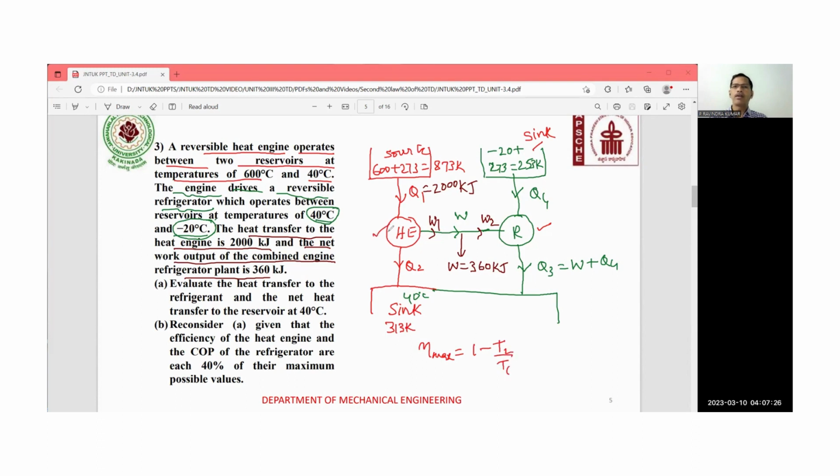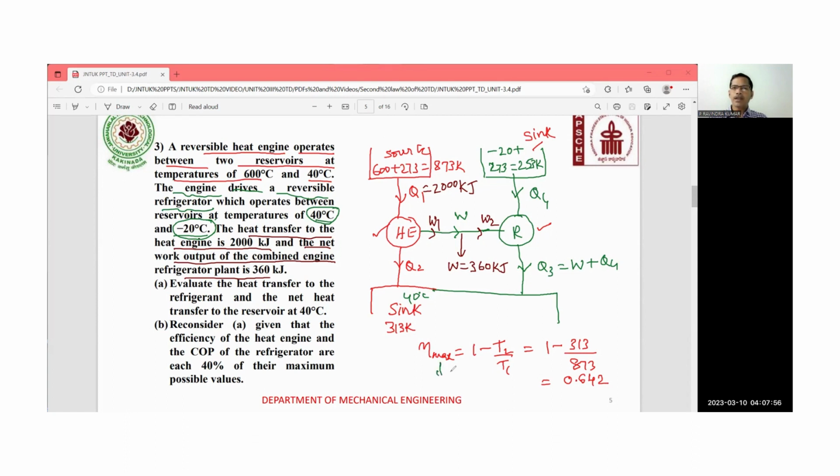That is 1 minus 313 over T1, which is 873. So the efficiency you will get is 0.642.